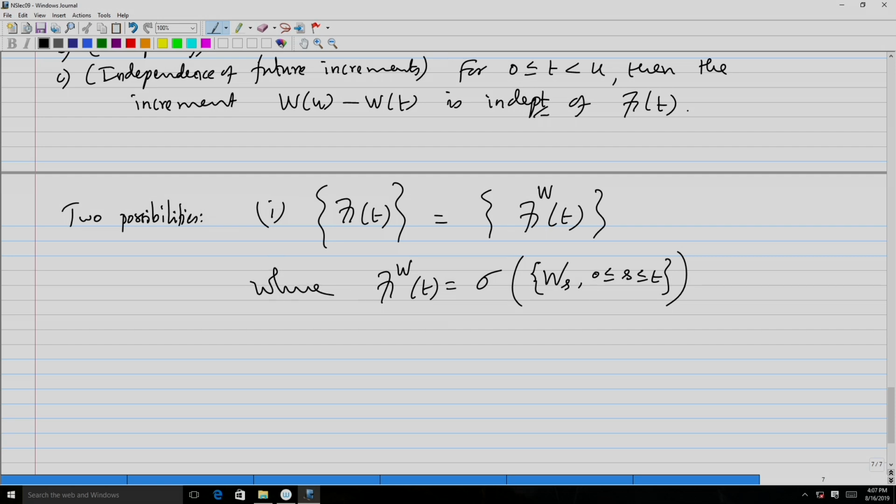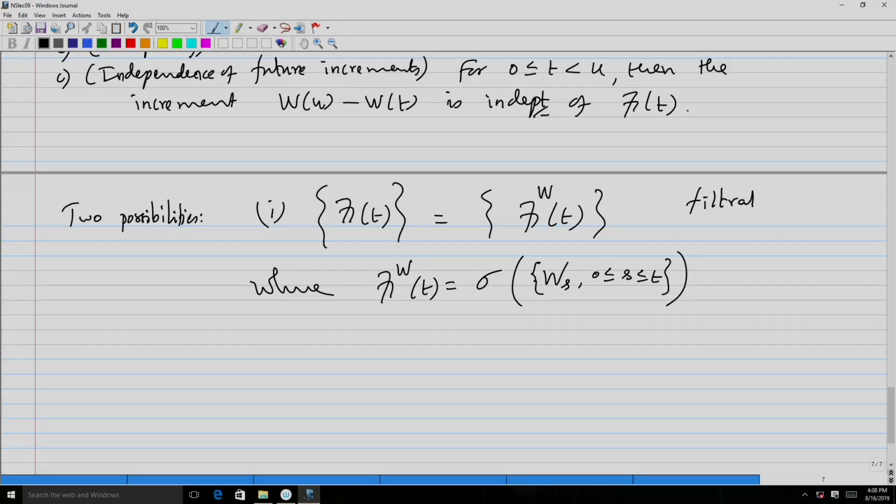This means the filtration has exactly the same information as you would have by observing the Brownian motion up to time t. In this case we say the filtration is generated by the Brownian motion.